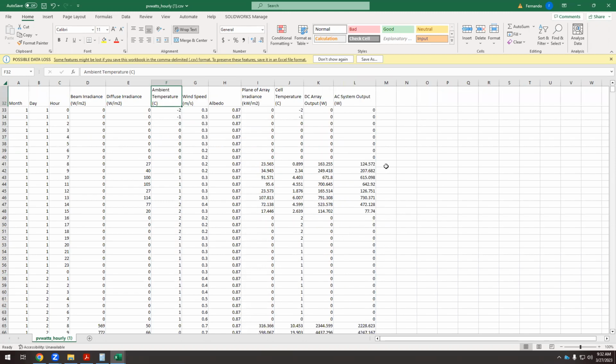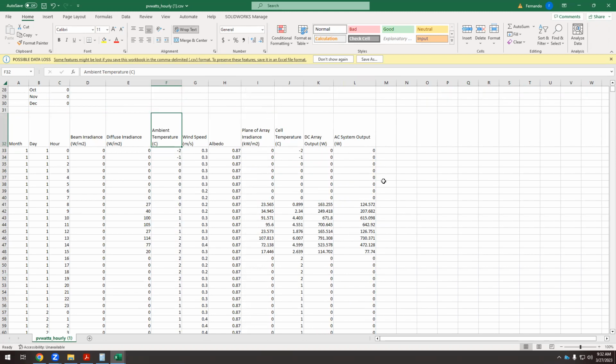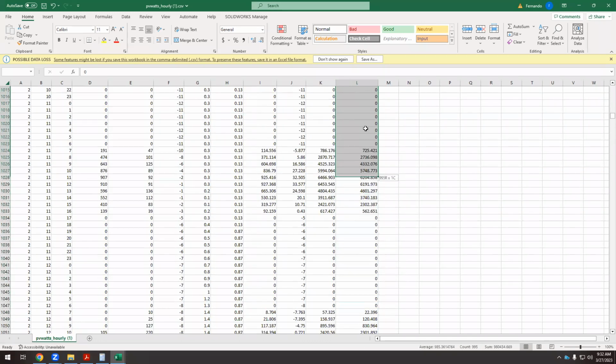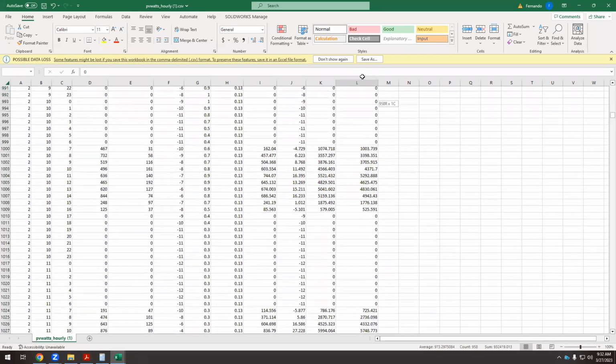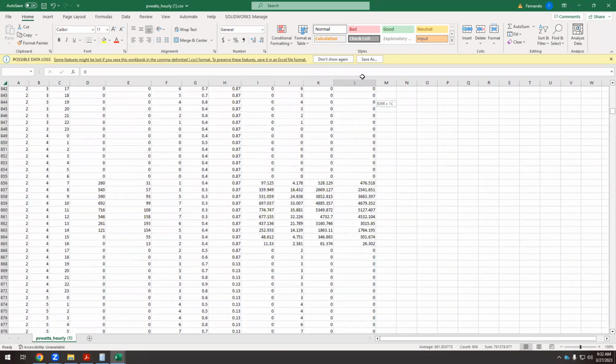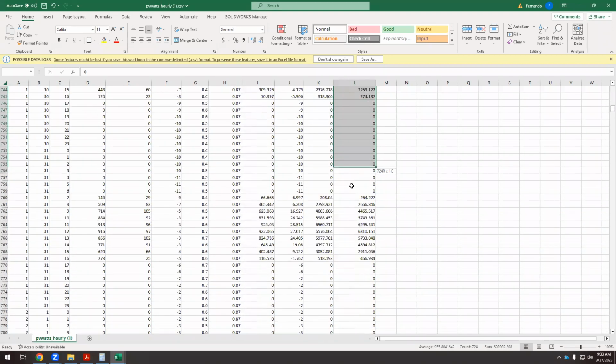Well, here it's incredible the kind of information that we can get, because if this is month 1 and I want to create a graphic of January, I have to select all these cells from January the 1st until January the 31st.